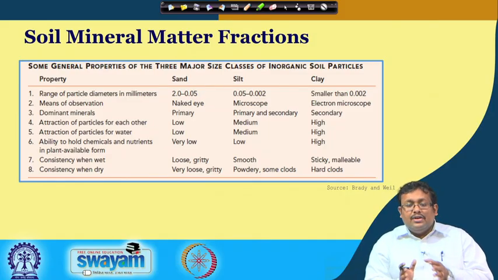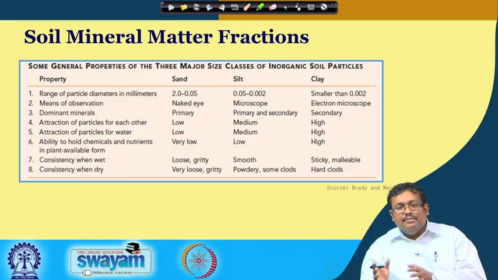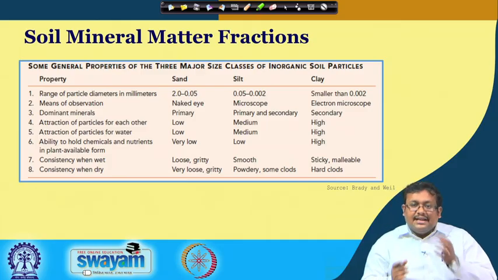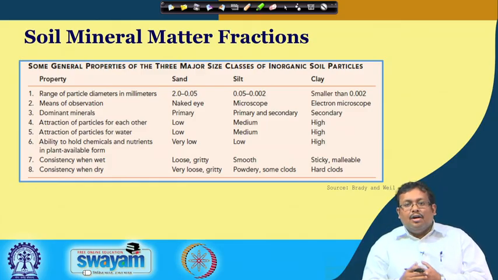Just to give you an idea, primary minerals are the original minerals present in the rock from where the soil develops, and secondary clay minerals are an altered form of primary minerals due to different types of physical, chemical and biochemical effects.